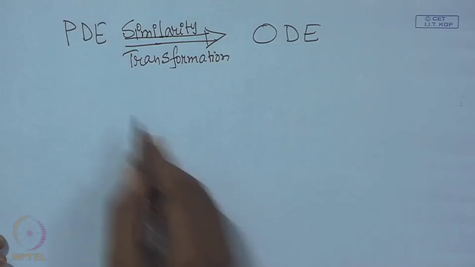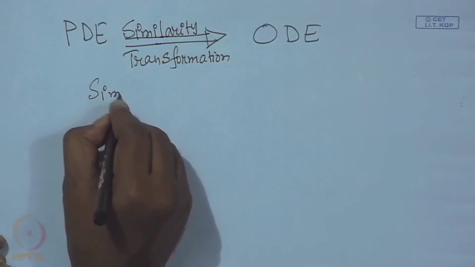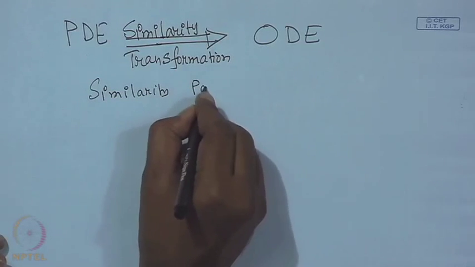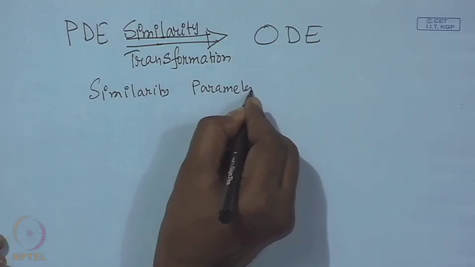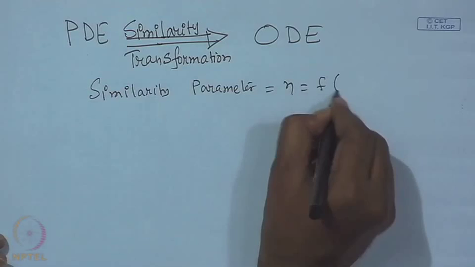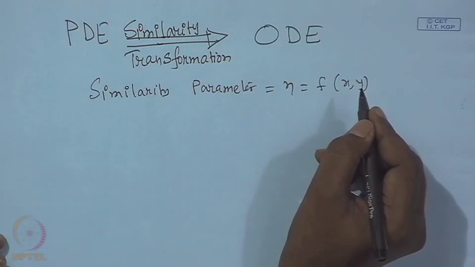The similarity parameter is also known as a combined variable parameter, and it is a function of x, a combined form of x and y.